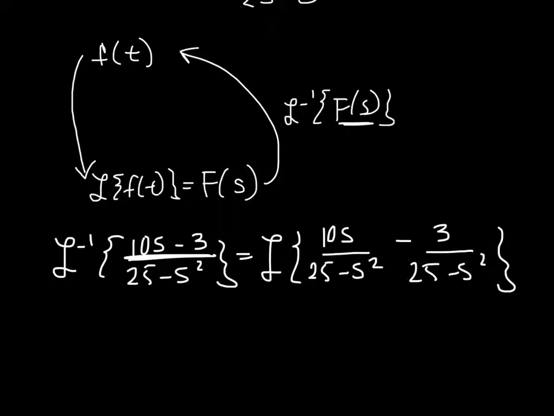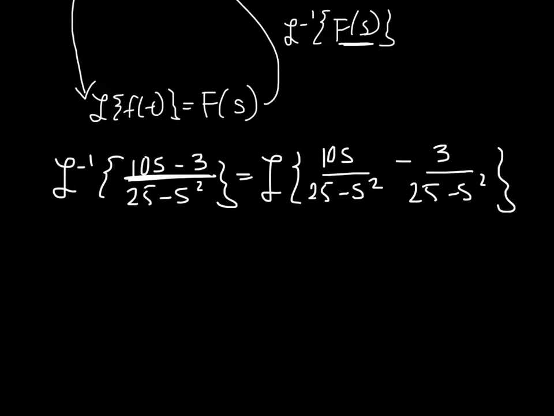Again, we're trying to break this expression up into simple expressions so we can use what we know. In this case, we're trying to look for our capital F of s's that are in the right-hand column on page 271. And actually that should be inverse, and we can use the linearity property for inverses as well.